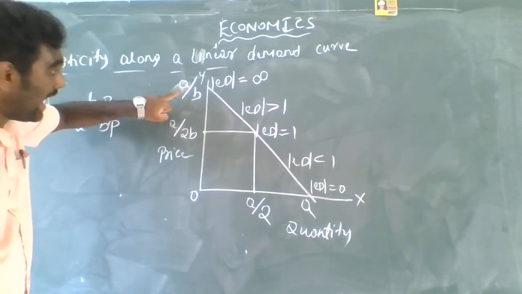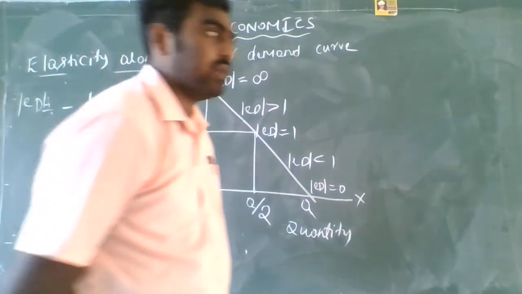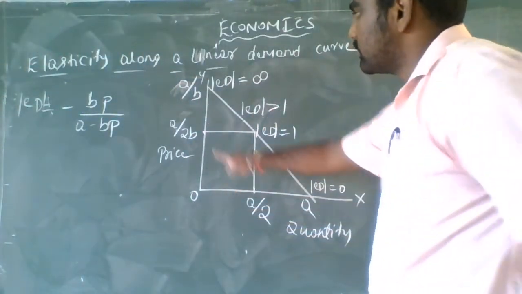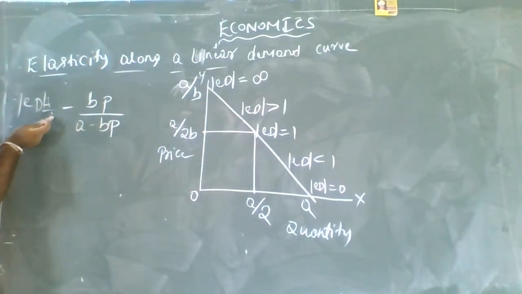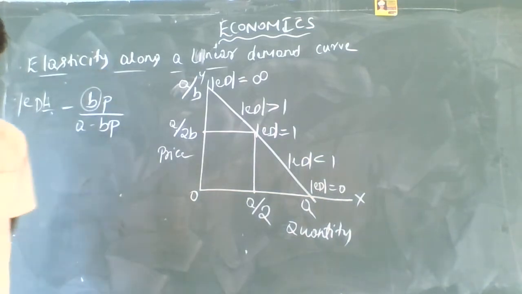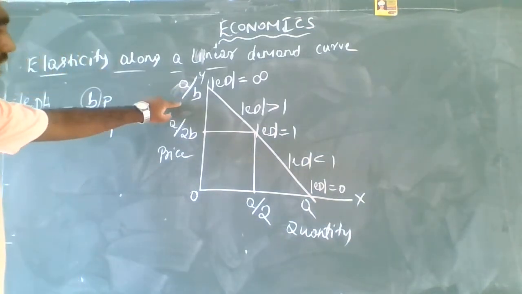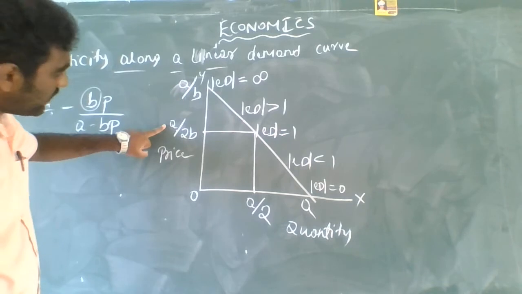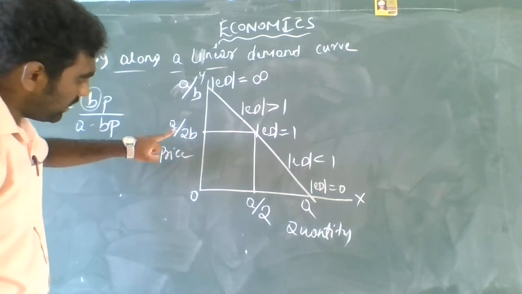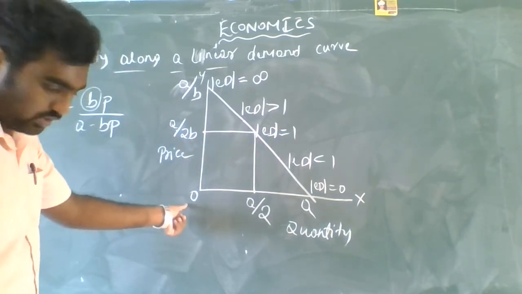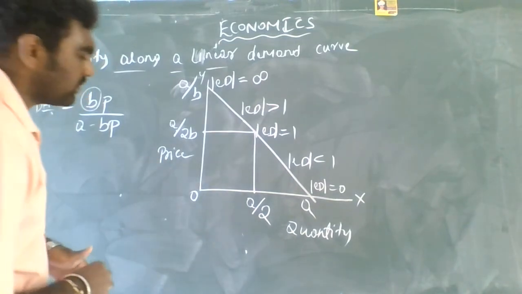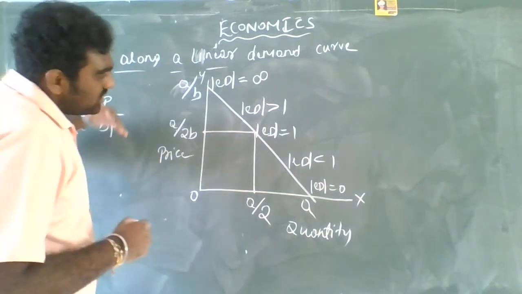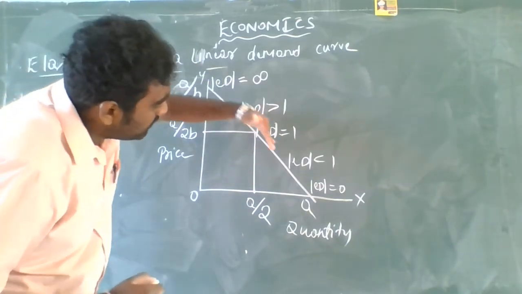That is known as A, and B is the changing quantity divided by changing price that I have learned. I have not taken minus B because I have shifted the minus aside. So here it is A divided by B, and this is another price, A divided by 2B, and this is 0, the price 0. So they are telling the elasticity along a linear demand curve.